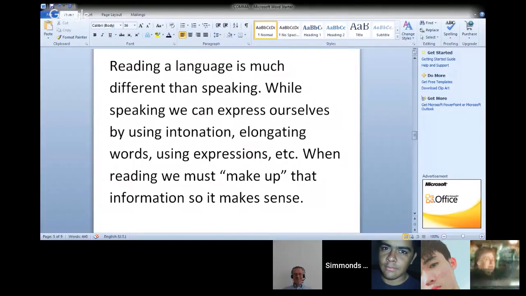That's how we play with the language a little bit, and that's why reading is so different than speaking. This will happen in novels, for example. When you read a book, you might see a lot more commas because it's how the author expresses how someone speaks. Any questions so far before we go to the examples?